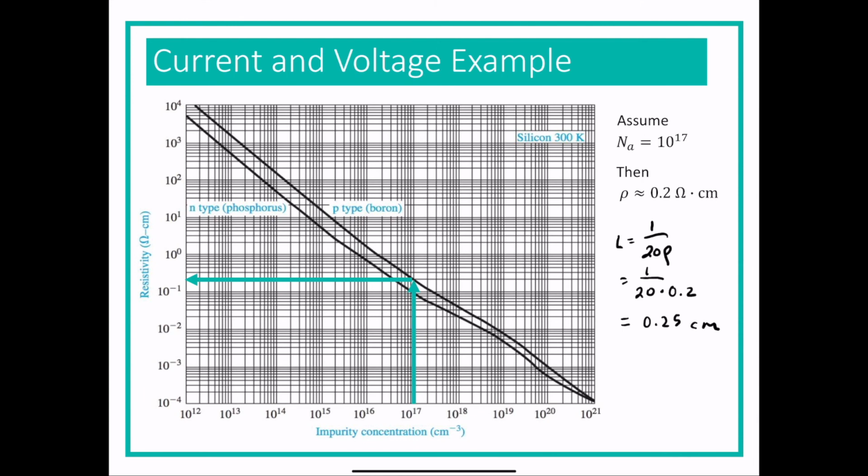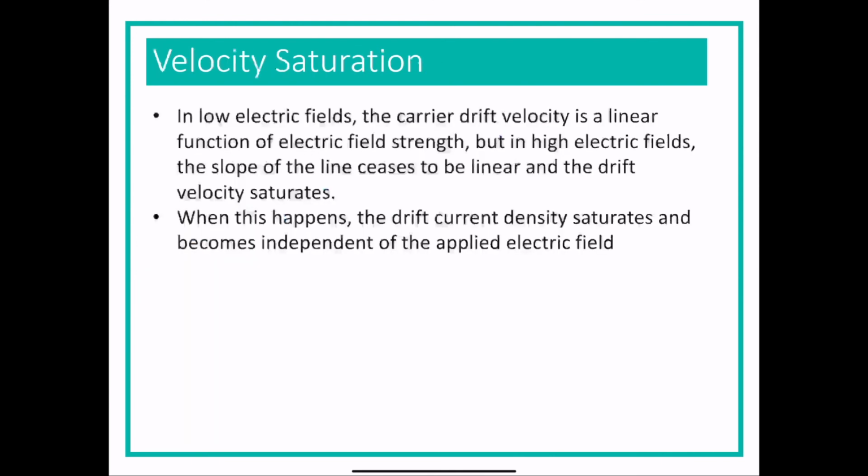One other thing I'm going to mention, and this is just a mention thing, and then you can work on your participation problem because there's only 3 problems, so they're kind of short, is velocity saturation. Basically, what this means is that the carrier drift, when you have a low electric field, is going to be proportional and a linear function of the electric field.